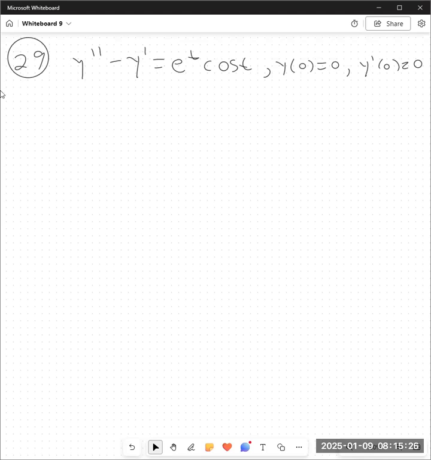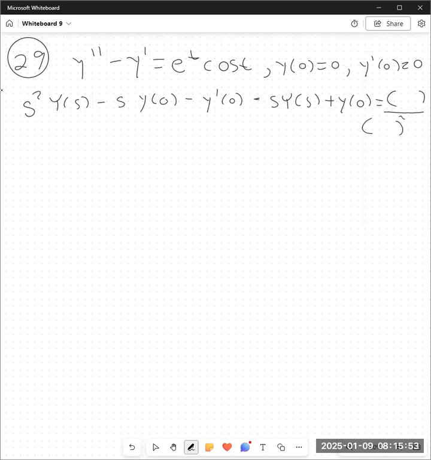So s² Y(s) - s y(0) - y'(0) - s Y(s) + y(0) is equal to, cosine is an s normally there, and normally an s² there.